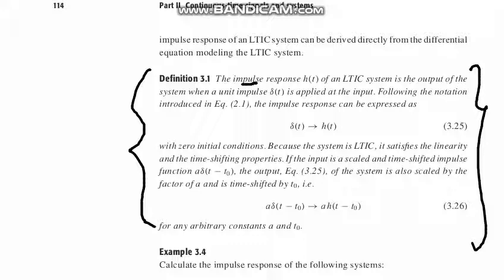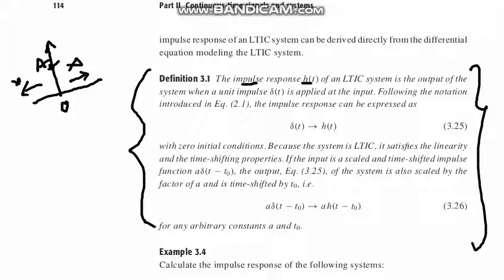The impulse response is h(t). What is an impulse response? At point 0 there is some value, but for t greater than 0 or t less than 0 there is no data. At 0 there is a value, an amplitude a, and that is known as an impulse.